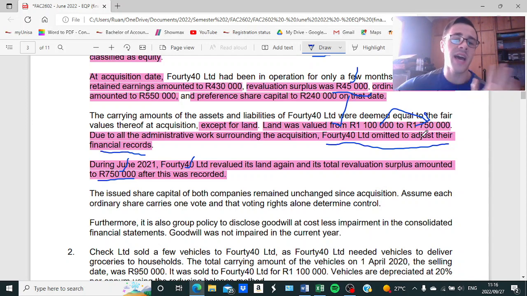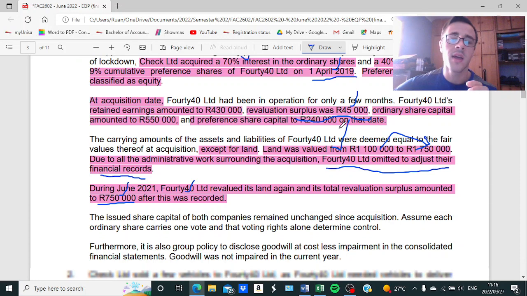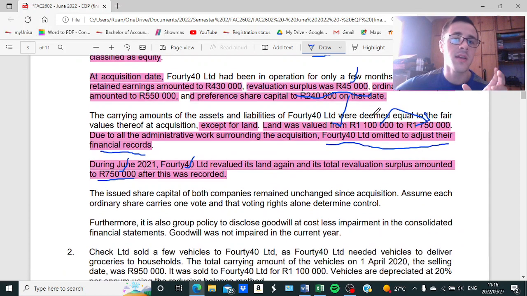I had a discussion with the lecturers, and eventually it started to make sense. What you are doing here is adjusting the given balance of revaluation surplus at acquisition, which is 45. You need to add the other revaluation that occurred on the same date but was not recorded.